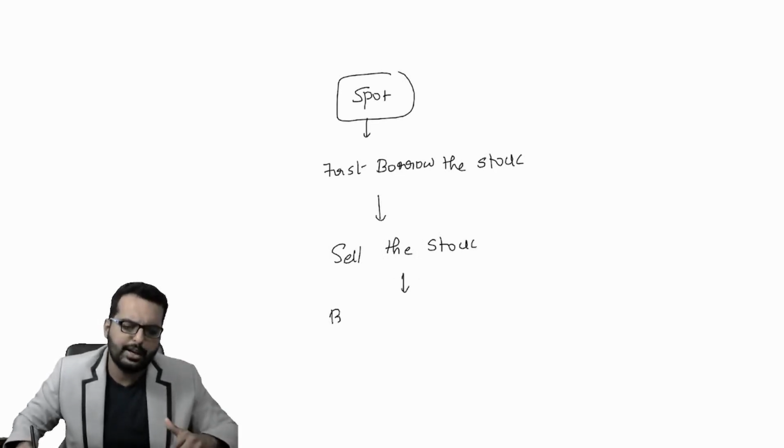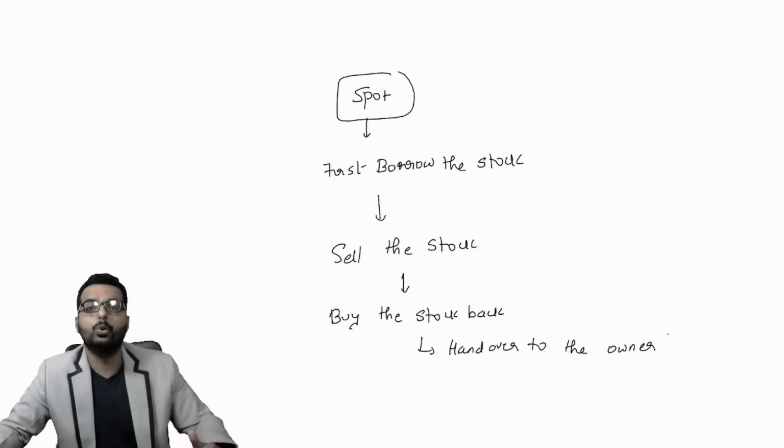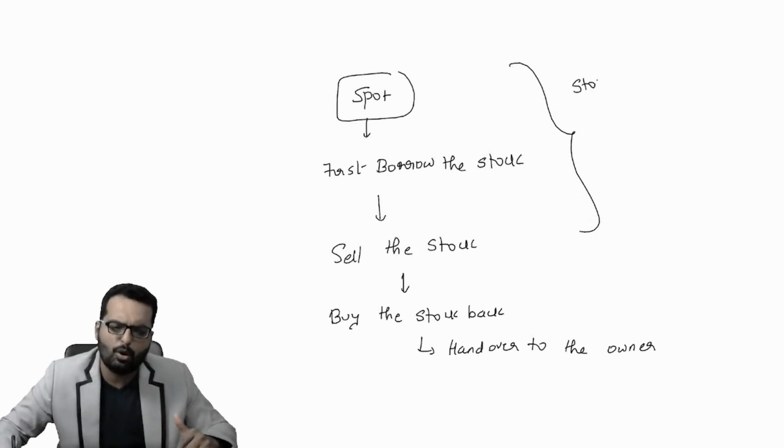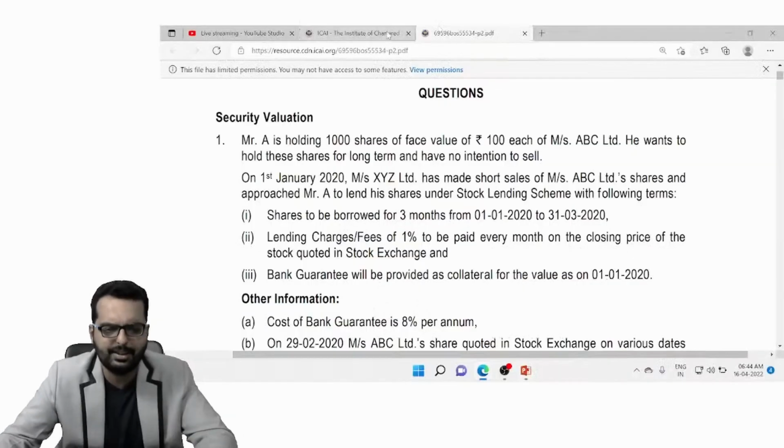On a subsequent date, you will have to buy the stock back and hand it over to the owner. These are the steps that we do in the spot market. And for these steps, ideally there is a scheme in the stock market which is called the stock lending scheme. Right?